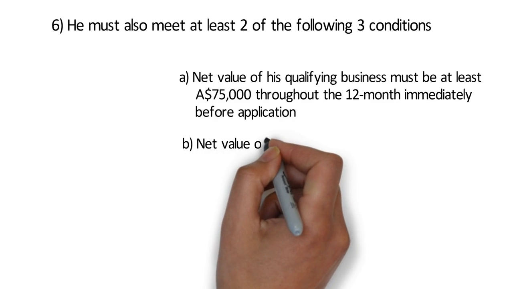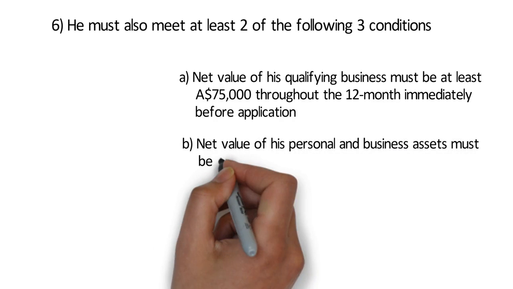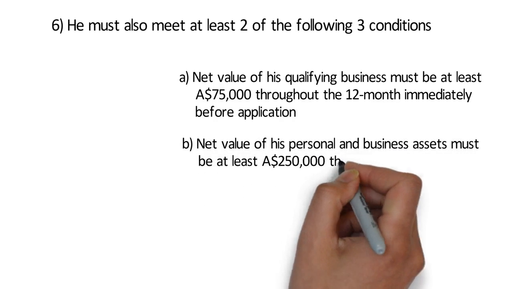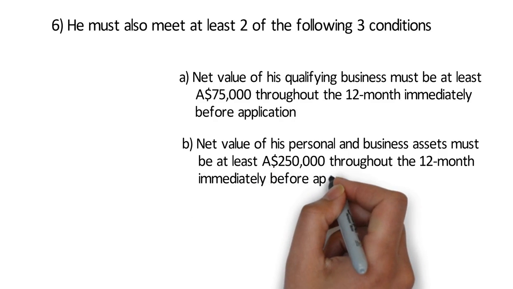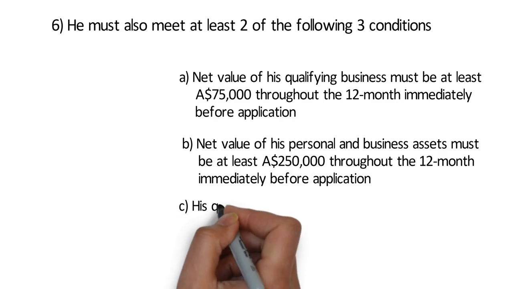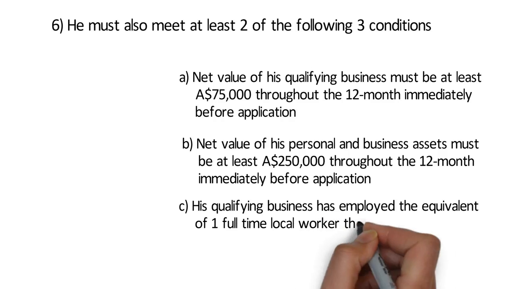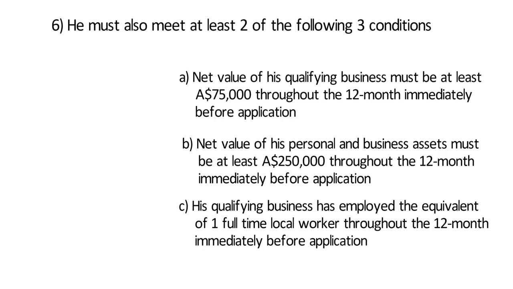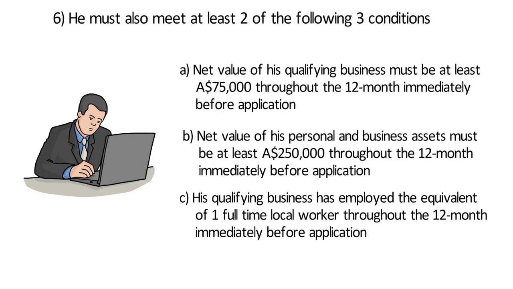B. Net value of his personal and business assets must be at least 250,000 Australian dollars throughout the 12 months immediately before application. C. His qualifying business has employed the equivalent of 1 full-time local worker throughout the 12 months immediately before application.